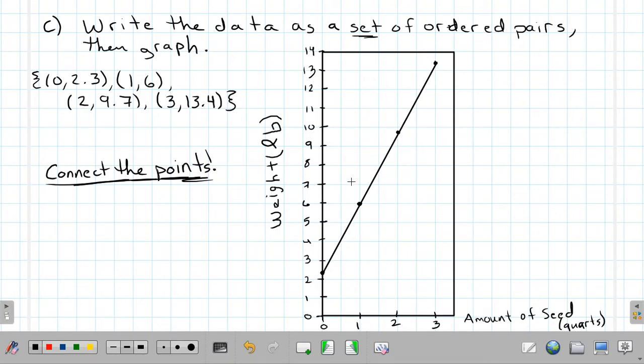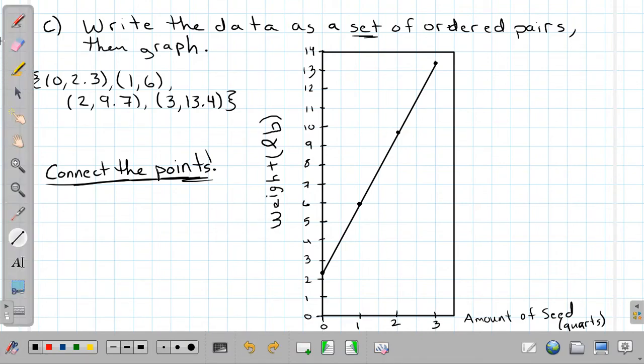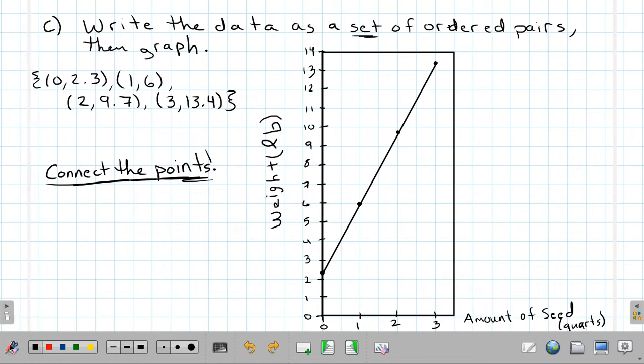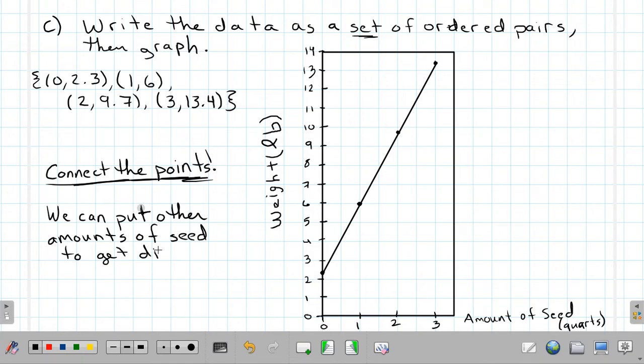okay? So why do we connect the points? Because, which I forgot to change it again to the drawing implement, okay? So in this case, we can put other amounts of seed to get different weights.